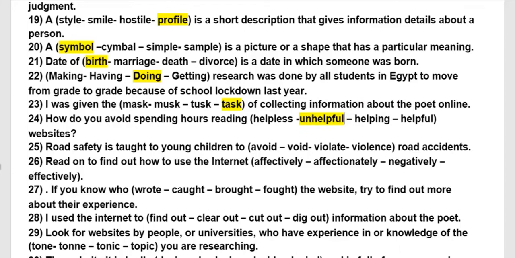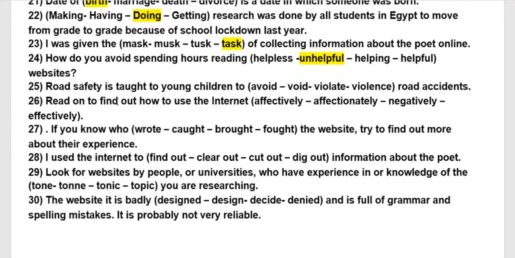Here is the difference between helpful and helpless. Helpless: unable to defend or benefit. 25. Road safety is taught to young children to avoid accidents.